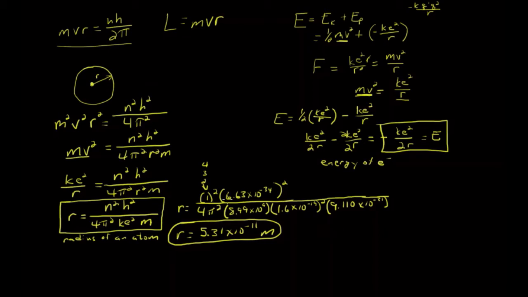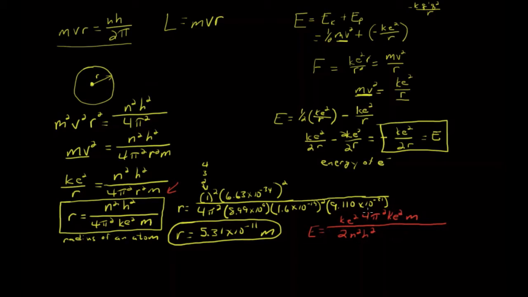If I substitute in r here, I get E equals ke squared over 2. Now r here is inverted from r here. So we would have n squared h squared down here in the denominator. In the numerator, we would have 4 pi squared ke squared m.